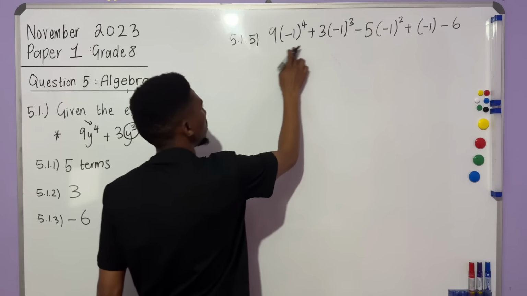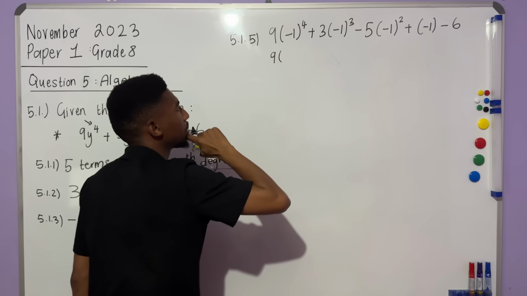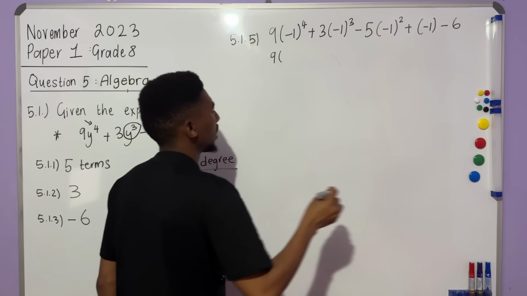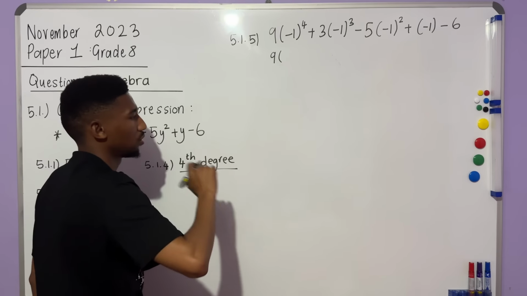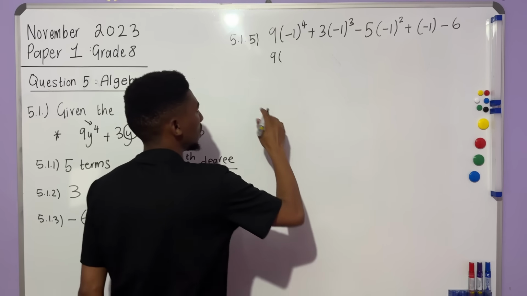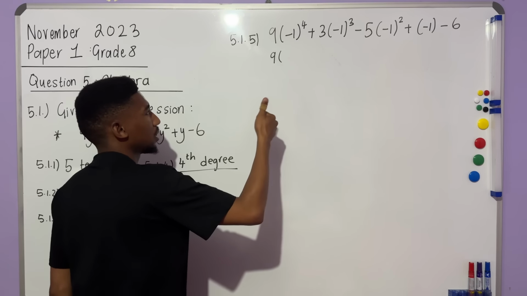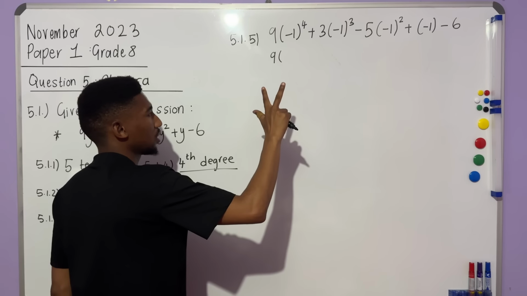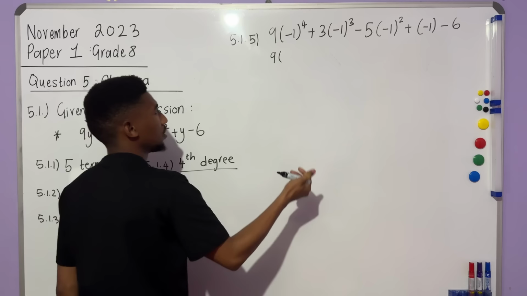Okay, then we're going to have 9 brackets. What is minus 1 to the power of 4? That's saying minus 1 times minus 1 times minus 1 times minus 1. So minus 1 times itself 4 times. So let's go. Minus 1 times minus 1 is 1, times minus 1 is negative 1, times minus 1 is positive 1.